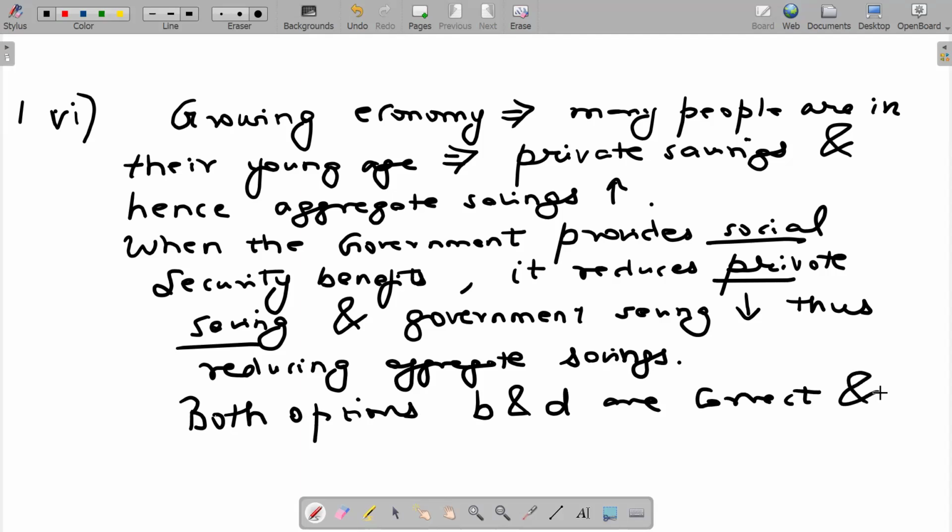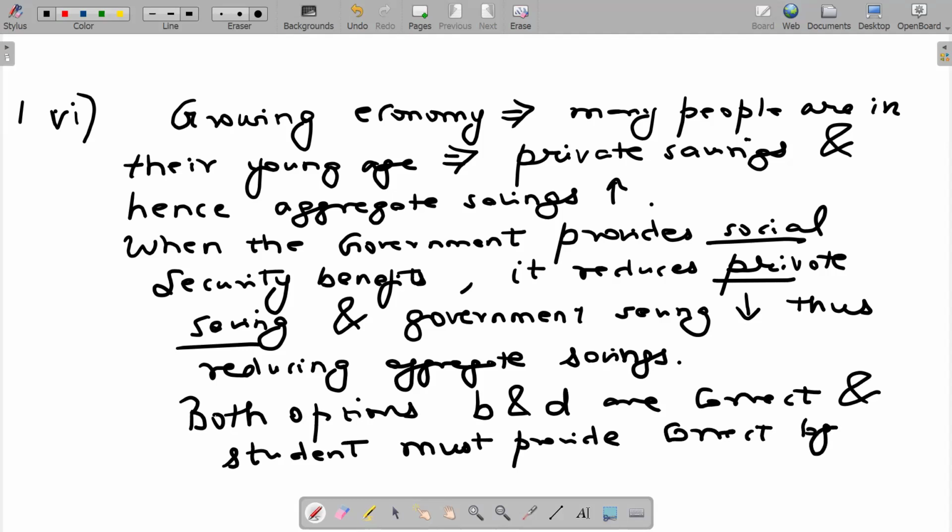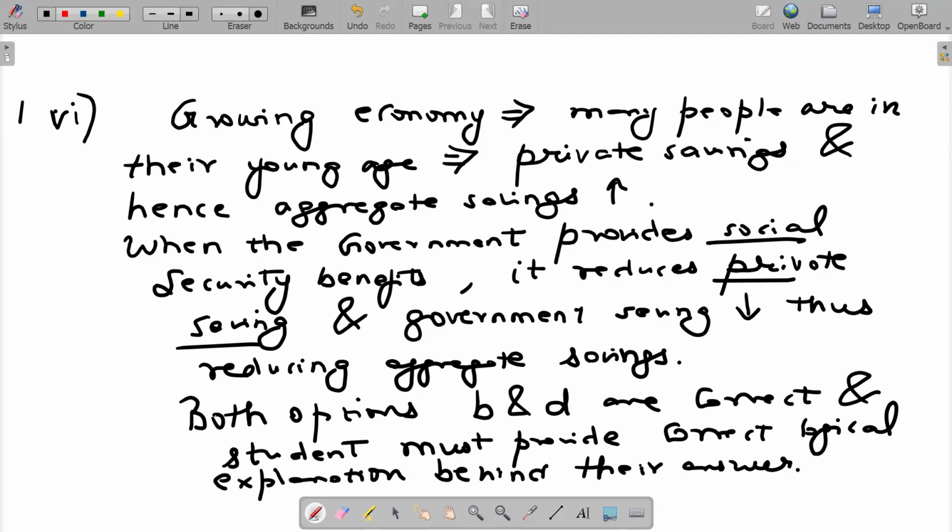And the student must provide the correct logical explanation behind their answer. If you mark B as your answer, you should provide the correct reason for marking B, which is this reason.